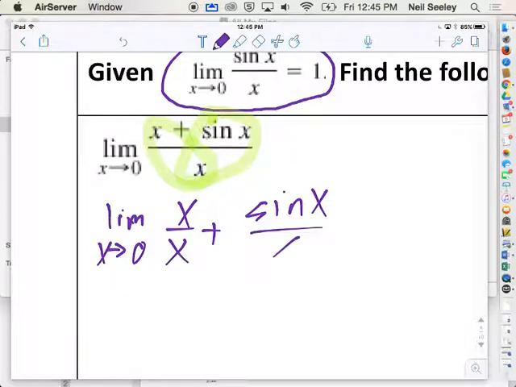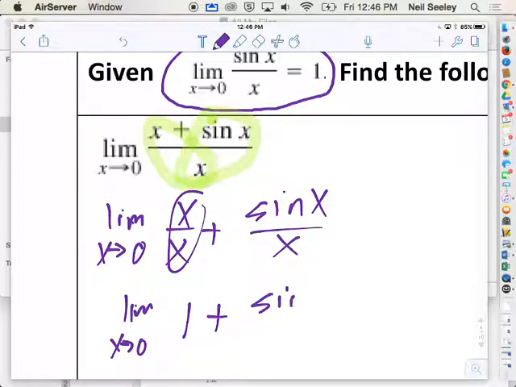Because you can, and you know it's a good thing. And hey, x over x cancels. See that? Cancels. So that just ends up being 1. So now it's the limit as x goes to 0 of 1 plus sine x over x.